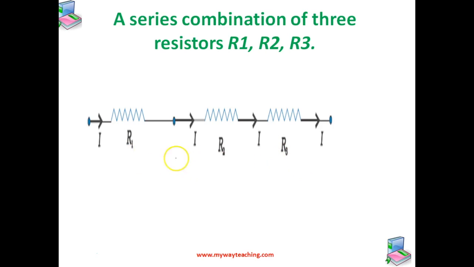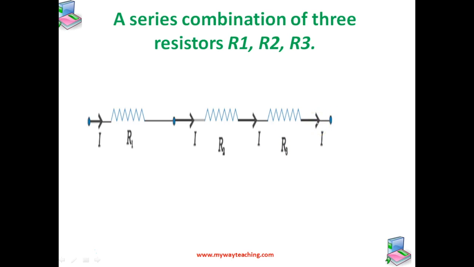All the resistors are connected in series only when they are connected end-to-end: to the end of one resistor, another resistor is connected. To the end of R2, R3 is connected, isn't it? Then we say that these resistors are connected in series. We can extend this definition to any number of resistors, and we will get the series combination.